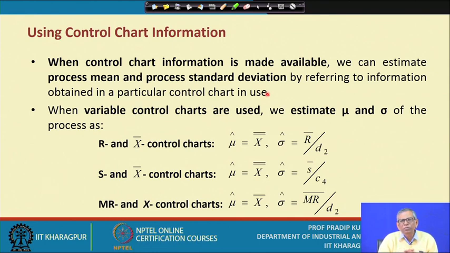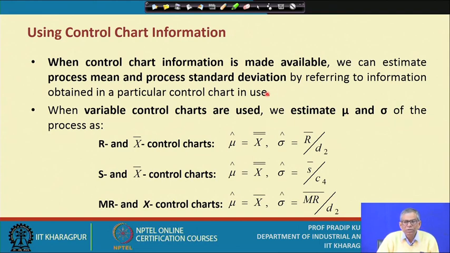In almost 100% of the cases, what we have found is that the control chart information is available. We can estimate the process mean and the process standard deviation by referring to information obtained in a particular control chart in use. So it's very simple.